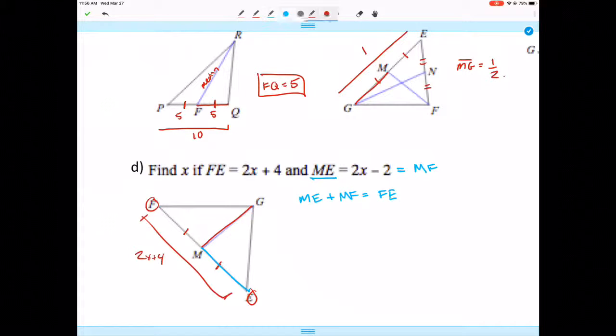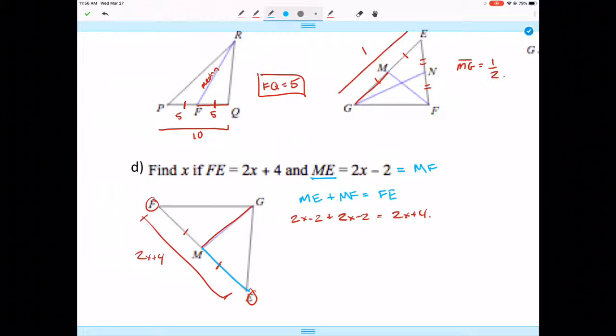So we could plug those in. We could do 2x minus 2, I'm sorry, plus 2x minus 2 equals FE, which is 2x plus 4.